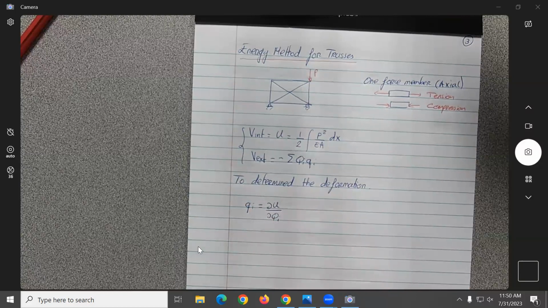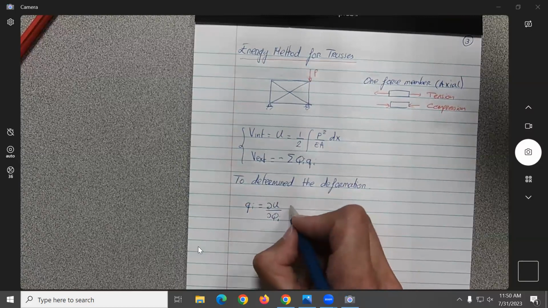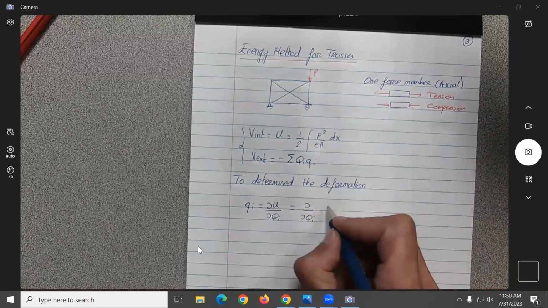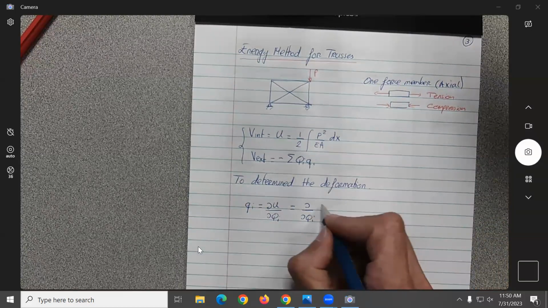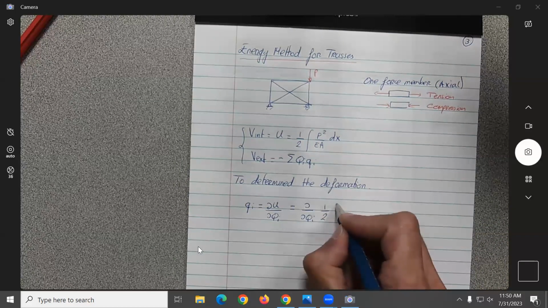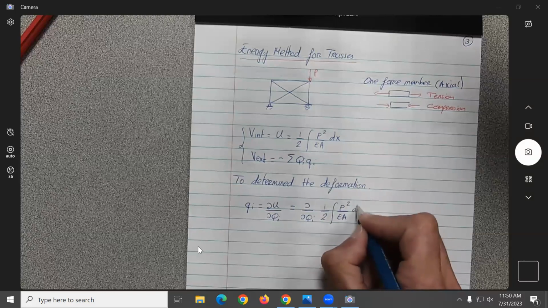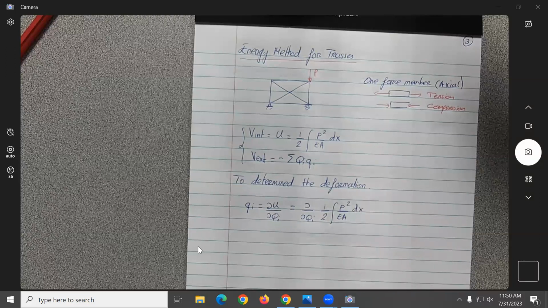Partial U with respect to Q sub I. So this would be the partial with respect to Q sub I of the 1/2 integral of P squared over EA dx.